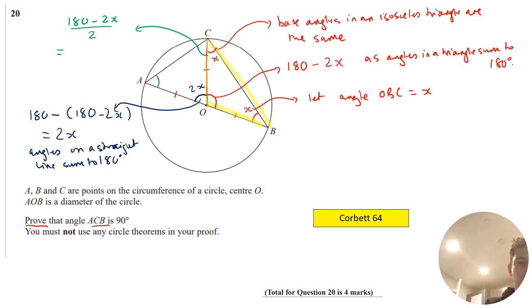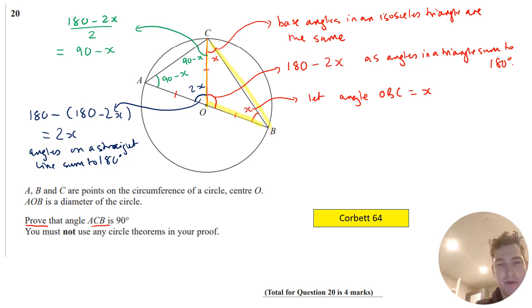What do I get when I do that? 180 divided by 2 is 90, and minus 2x divided by 2 is just minus x. So both of these angles here are 90 minus x, 90 minus x.